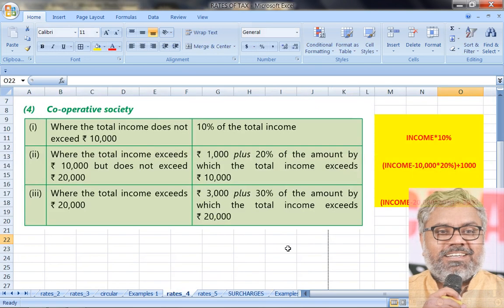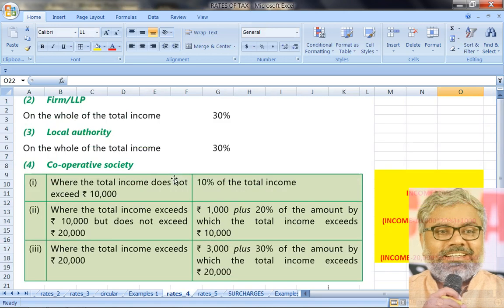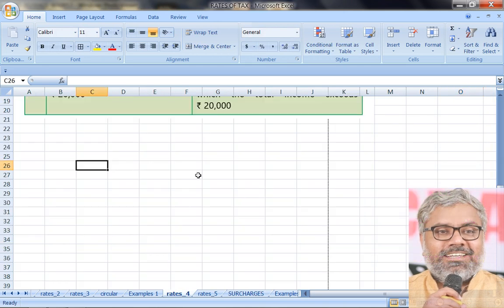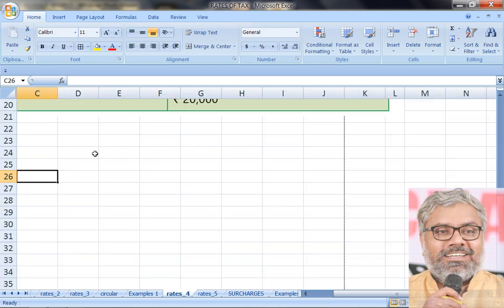Now let us take some examples for understanding the application of these rates of taxes, including surcharge, if any applicable. So let us take some examples in relation to, say, a firm. Let us say AB and Co is a partnership firm.